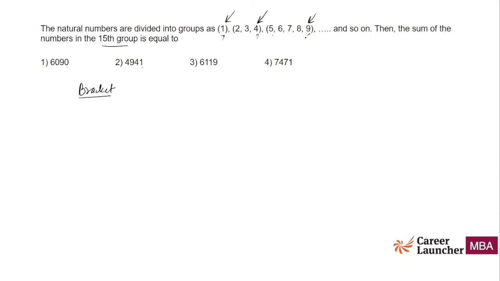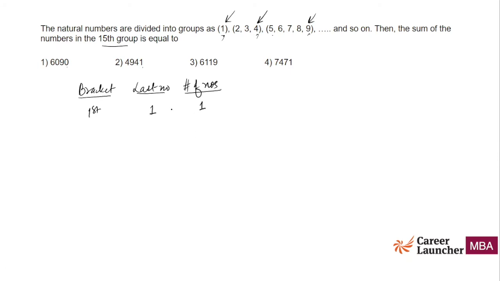If we talk about the first bracket, the last number in that bracket is 1. Instead of position, which is going to be lengthy, let's count the number of numbers in that bracket. So how many numbers do we have in this bracket?